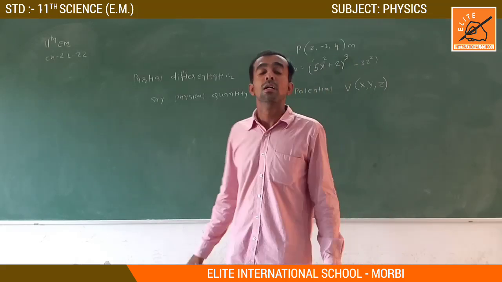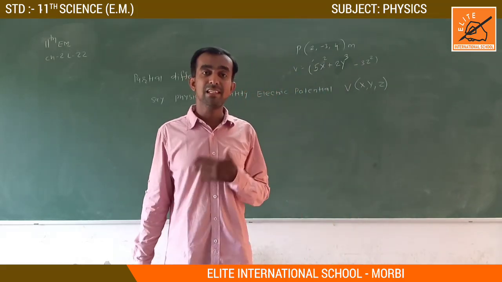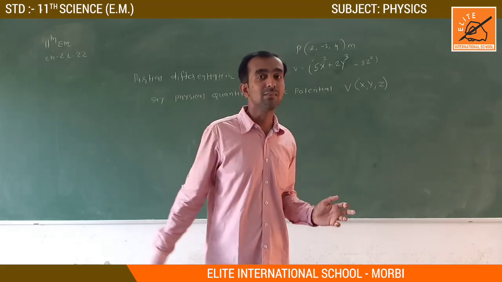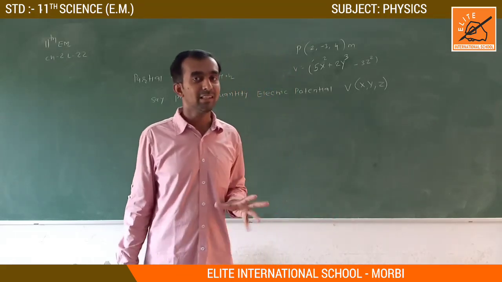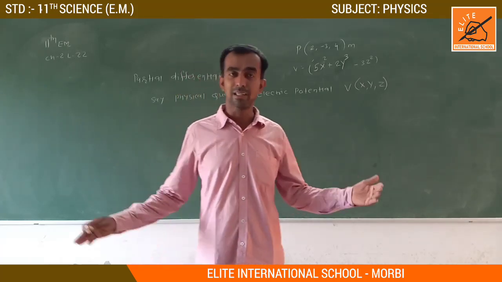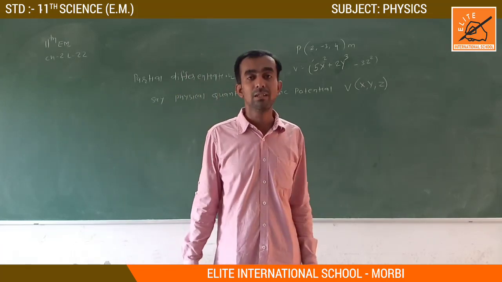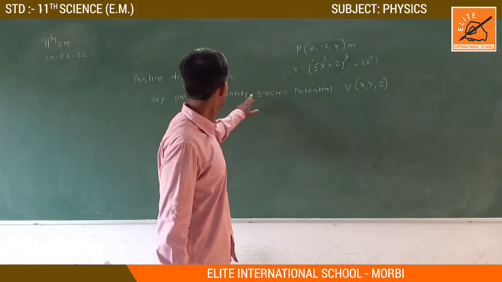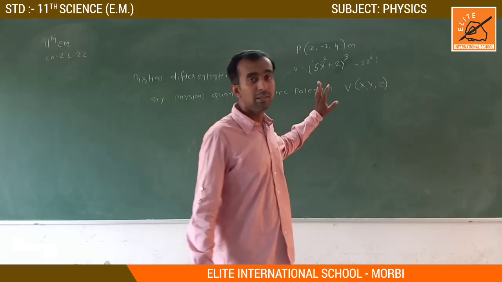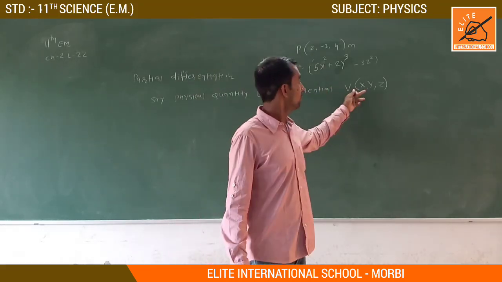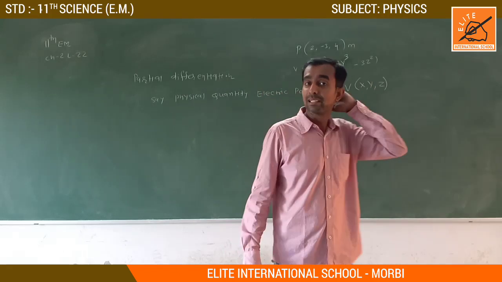Here, what is our topic? Partial differentiation. Partiality means leave some, keep some. Meaning leave half, keep half. So here the same thing is applied. Partial differentiation. Say a physical quantity, electric potential represented by V, is in all three directions, x, y and z.